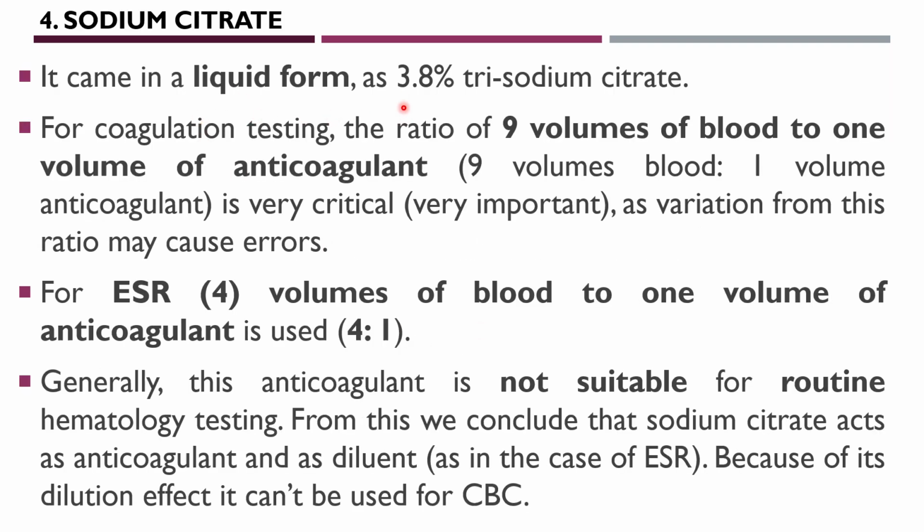It comes in liquid form, 3.8% sodium citrate, and two different ratios are used. If you are using 9 volumes of blood to 1 volume of anticoagulant, which is very critical, and when you are using 4 volumes of blood and 1 volume of anticoagulant, in the previous session I may have mistakenly said the vice versa, but 4 times will be the blood and 1 time only the anticoagulant, which is suitable for different tests, right?